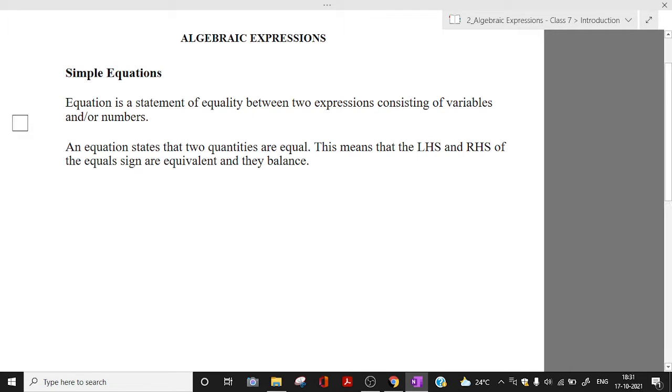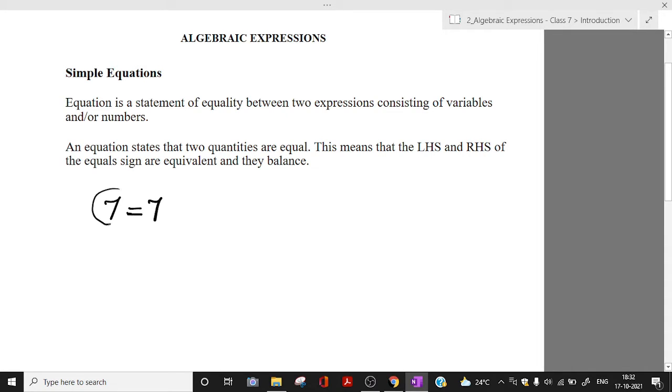Take for example, if I write 7 is equal to 7. Now this is an equation. It is a statement of equality because in between we have the equal to sign. It consists of numbers. There are two numbers.